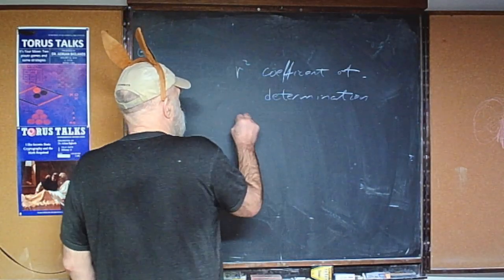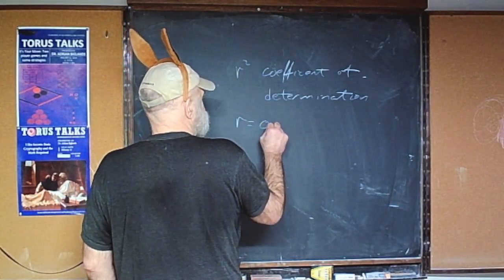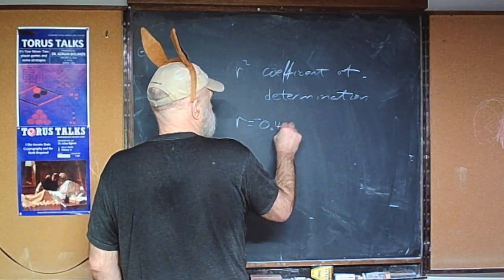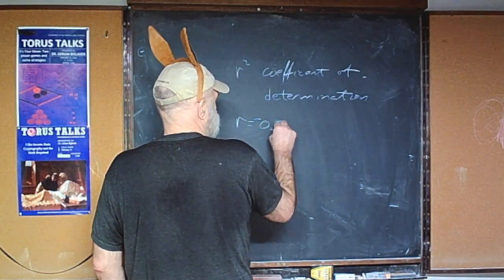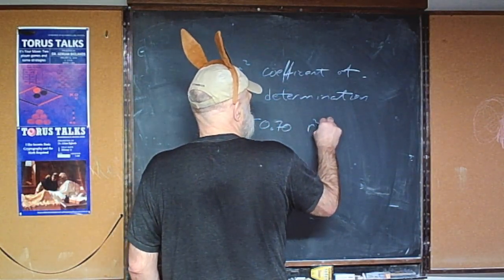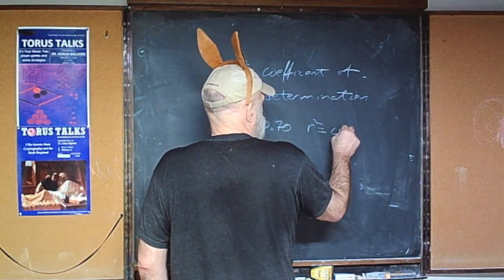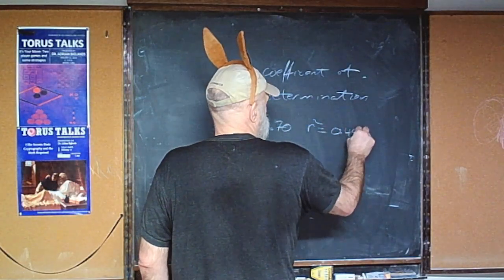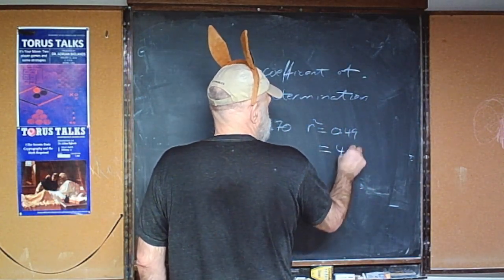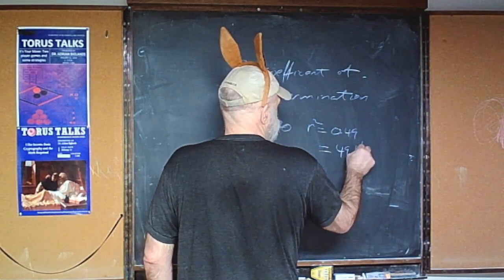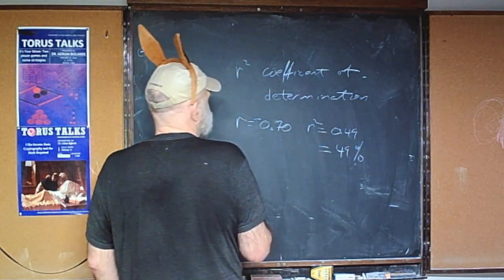It is a percentage. So if r was, let's say, negative 0.7, then r squared is 0.49, and we interpret this as 49%. Okay, so it is a percentage.